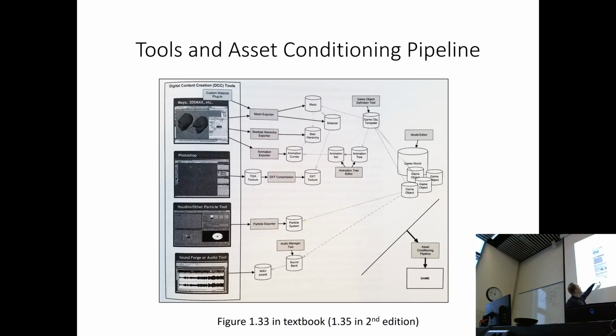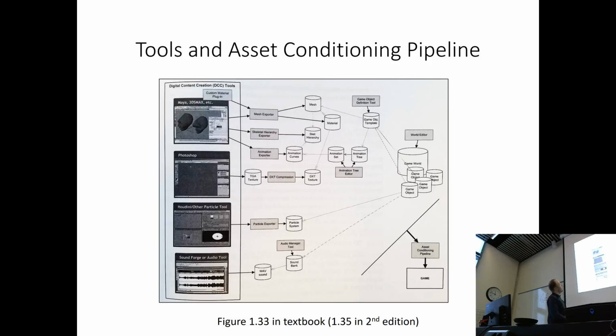Because those tools, which are on the left here, they are proprietary tools with their own formats or whatever. They don't concern themselves too much about your runtime requirements or your game, specifically. So they have ways of dealing with these assets that are not necessarily compatible with the game that is going to be running over here.